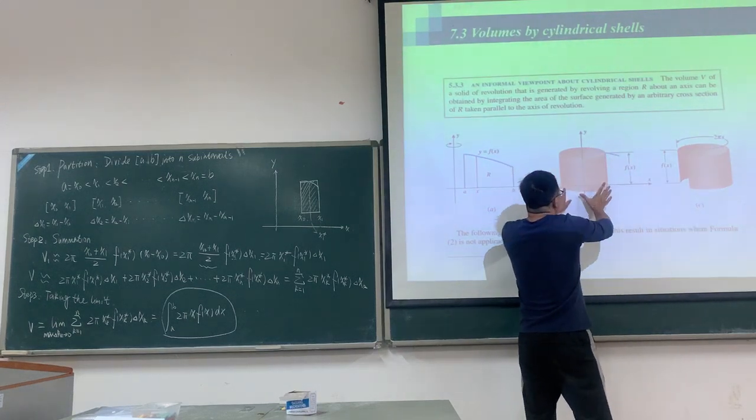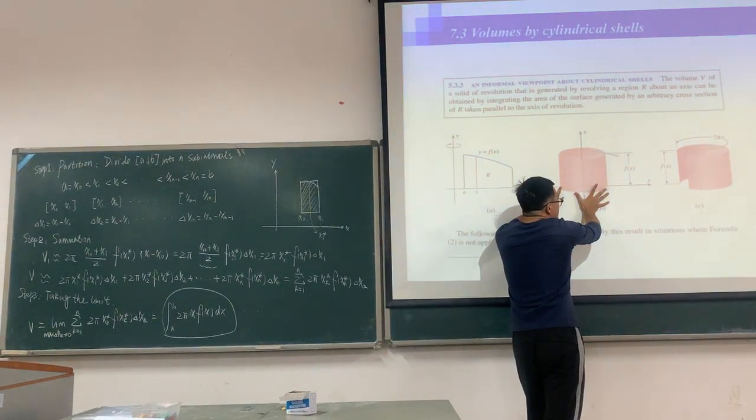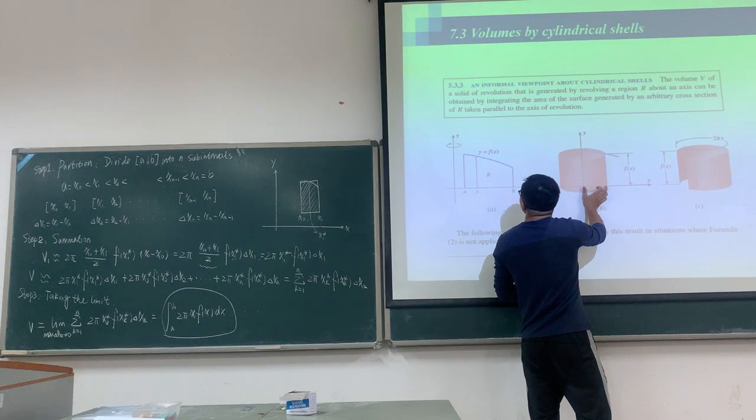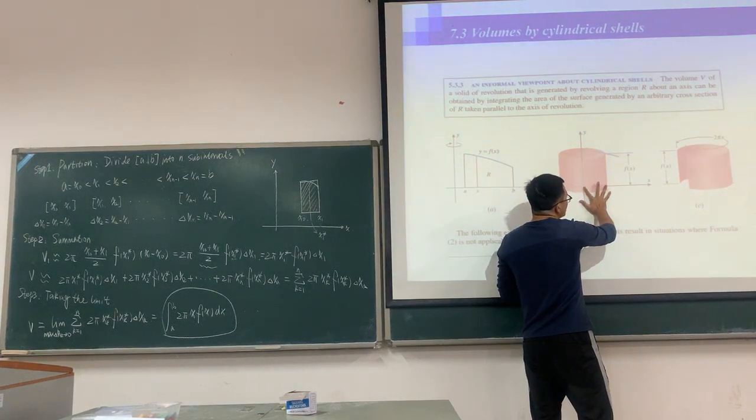So what about the circle of the cylinder? The radius is x.